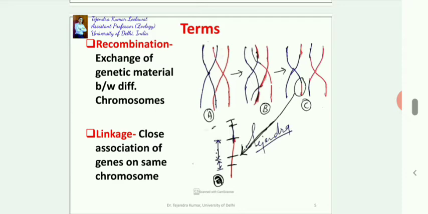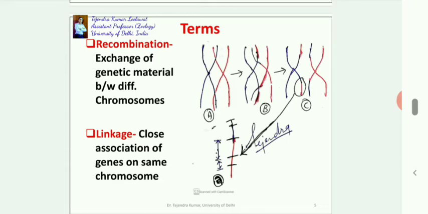Recombination is the exchange of genetic material between different chromosomes, and these are homologous chromosomes, which are those chromosomes that are part of the same pair. So they change their genes between the same pair, and this shifting of genes is called recombination or crossing over.